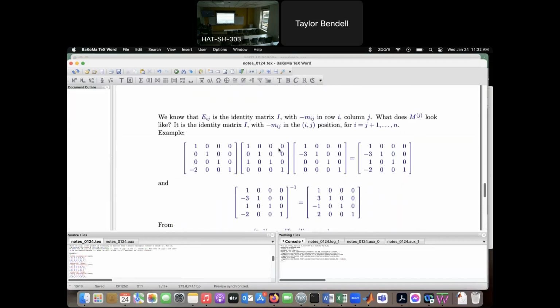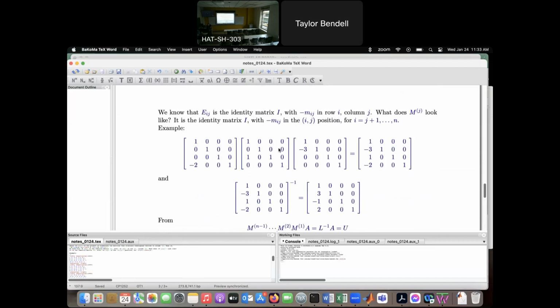Now, I'm not going to go to the trouble of proving that. If one needed to prove that, it would come from the formula for matrix multiplication. But once we know the multipliers, we know what these capital M matrices look like. We just take the multipliers and fill them in column J, whatever J is. So that part works out very nicely for us.